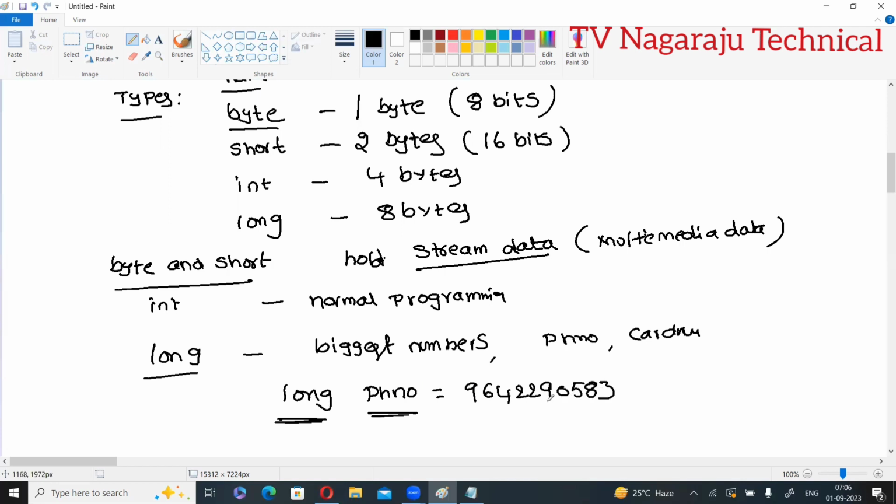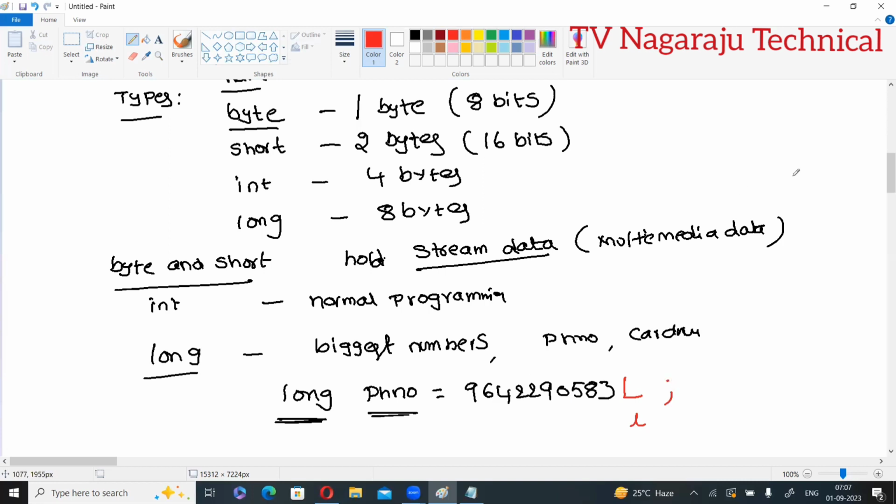Remember, the rule is, if you are assigning a long value, we must use L on the right side of the value, either capital L or small l. That is not a problem, but you compulsorily need to use L. Then only it becomes a long variable.